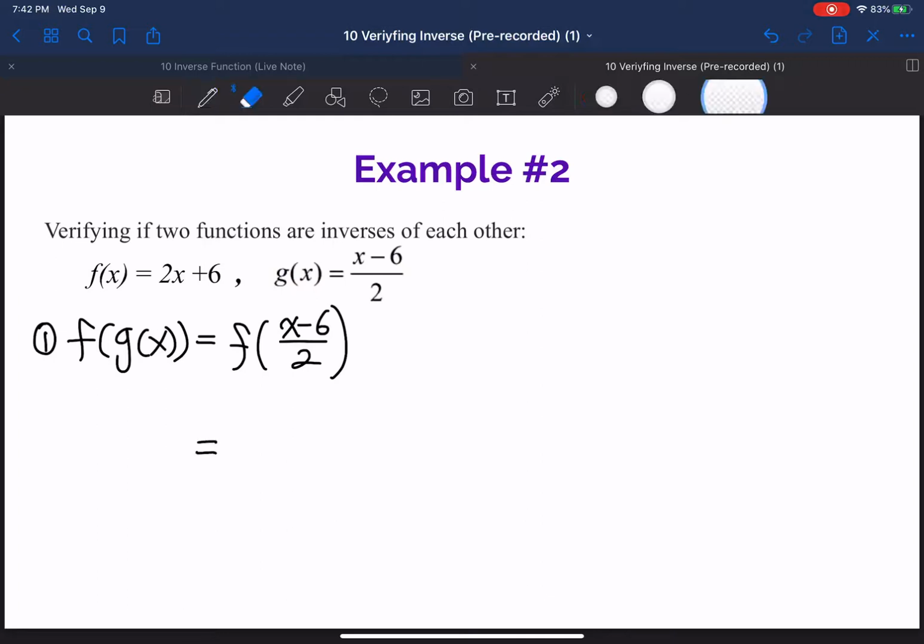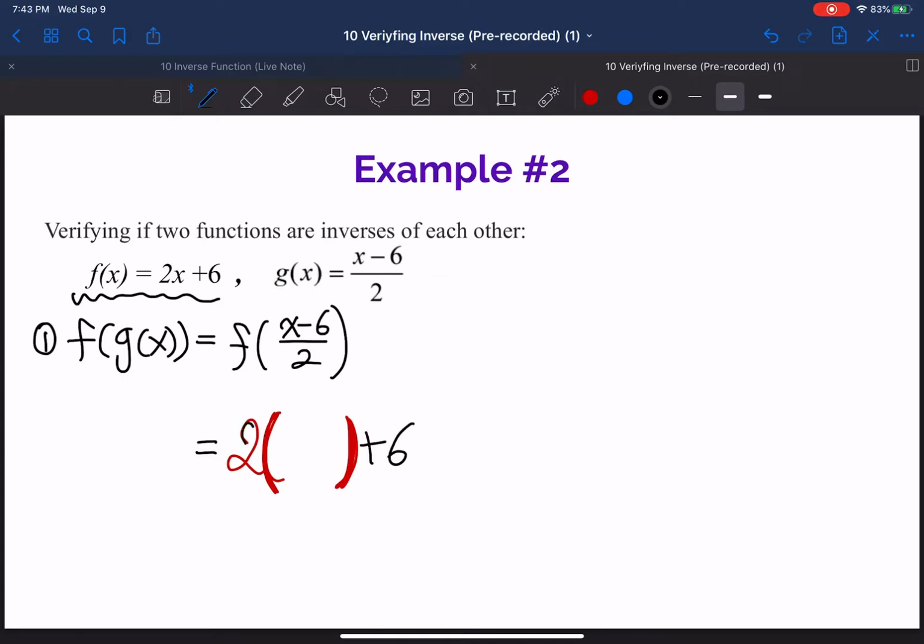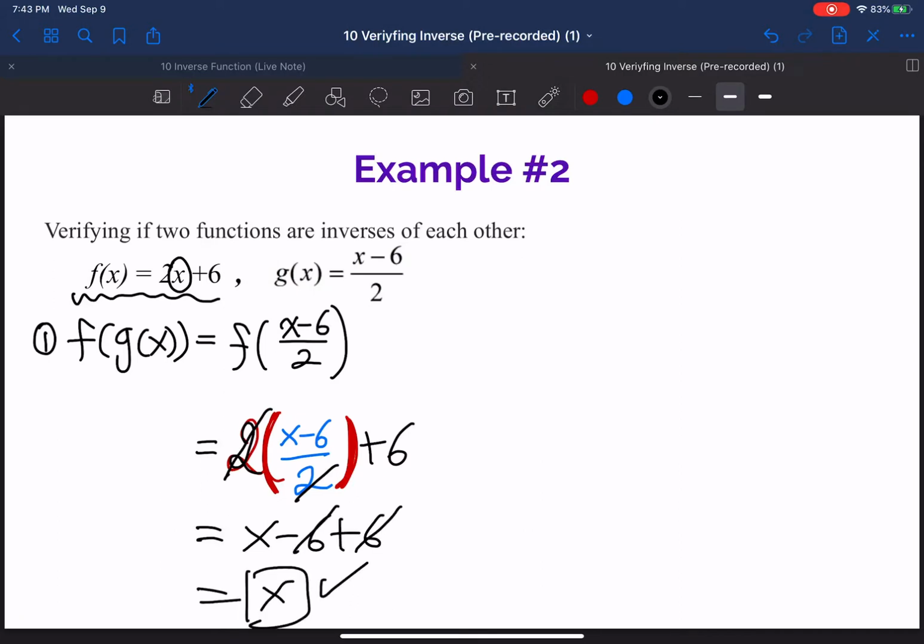And then I'm going to copy my f of x, which is 2 times, and then instead of x, I'm going to put parentheses and plus 6. So 2 parentheses plus 6, and instead of x, you are going to put x minus 6 over 2. And this 2 cancels. x minus 6 plus 6, the 6 cancels, and we get x.